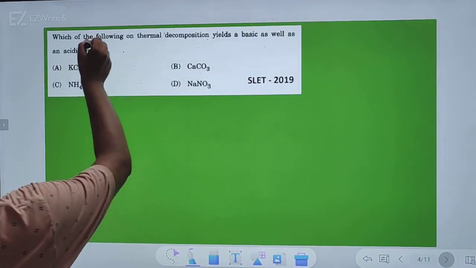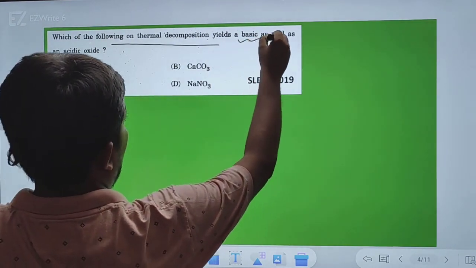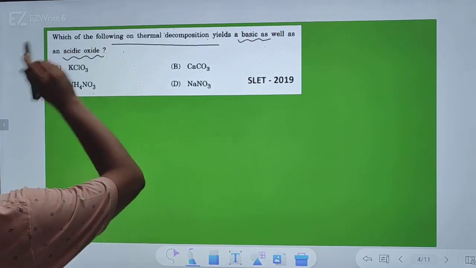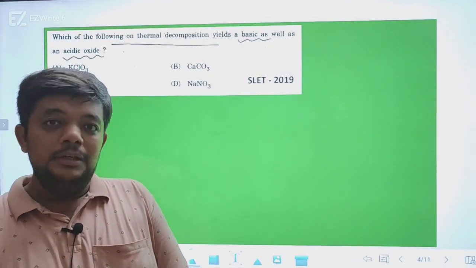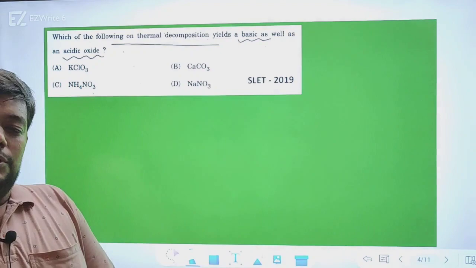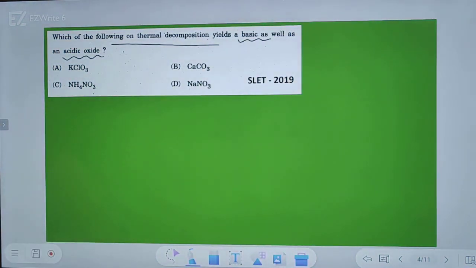Which of the following on thermal decomposition yields basic as well as acidic oxide? Friends, it is no more a question of hybridization, although we are going through all the questions of hybridization also after this one, but I thought of taking a question over here in between.